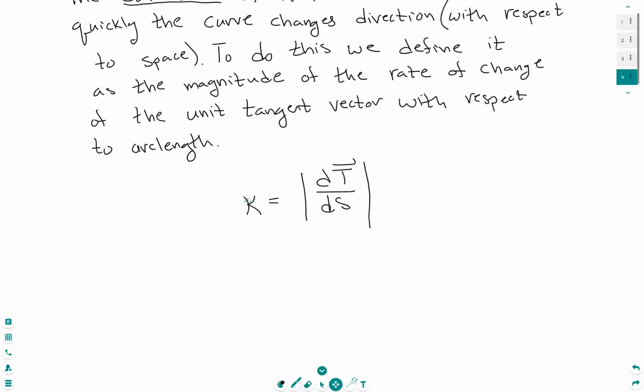Okay, so this is one definition that we'll see of curvature in this section. This is certainly not the best way to calculate curvature, but by definition it is the most simplistic form. So let's see if we can rewrite this in terms of things that we know how to calculate right off the bat.